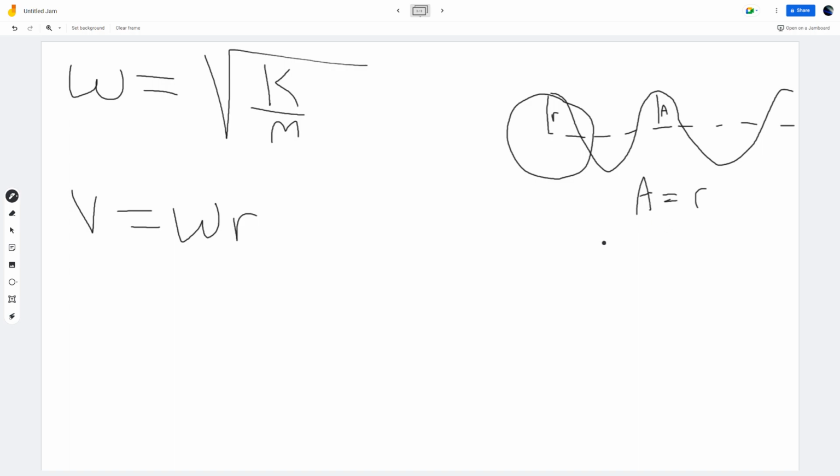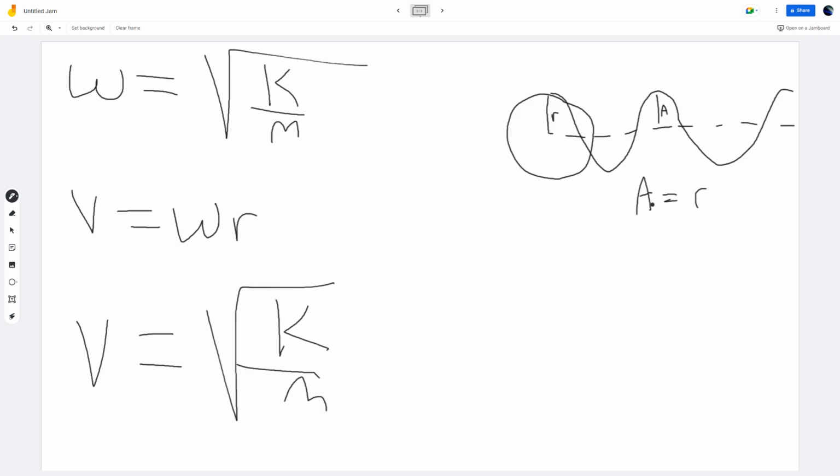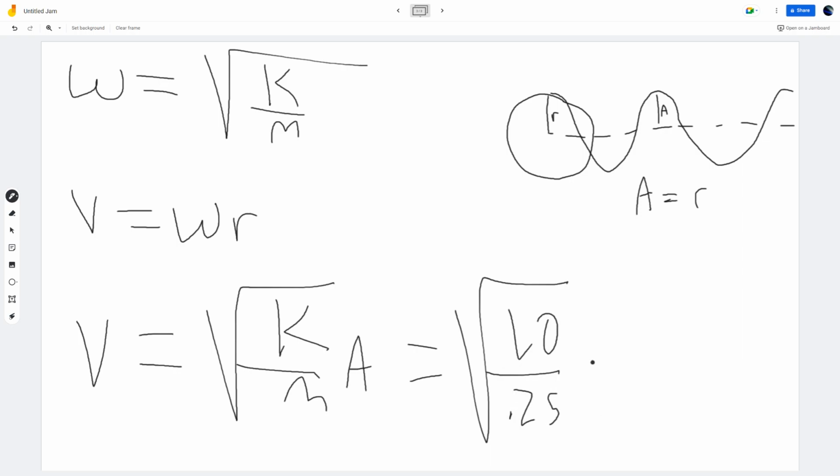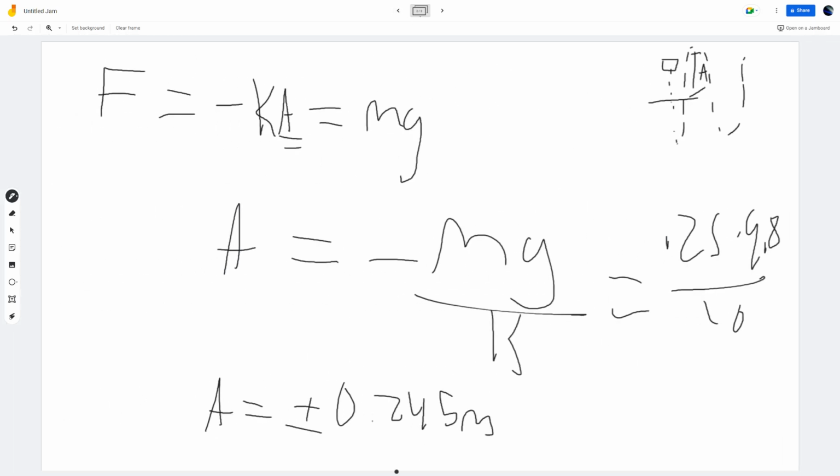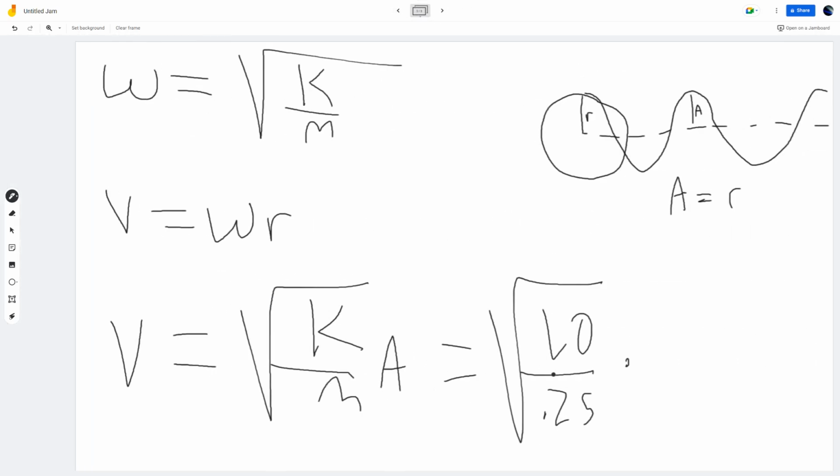So basically, to relate these two equations with velocity, if we sub in this for w, we get v equals root k over m, and we know that r is the same thing as amplitude. So we get root k over m times A, which is root 10 over 0.25 times our amplitude, which we calculated in the last slide to be 0.245.